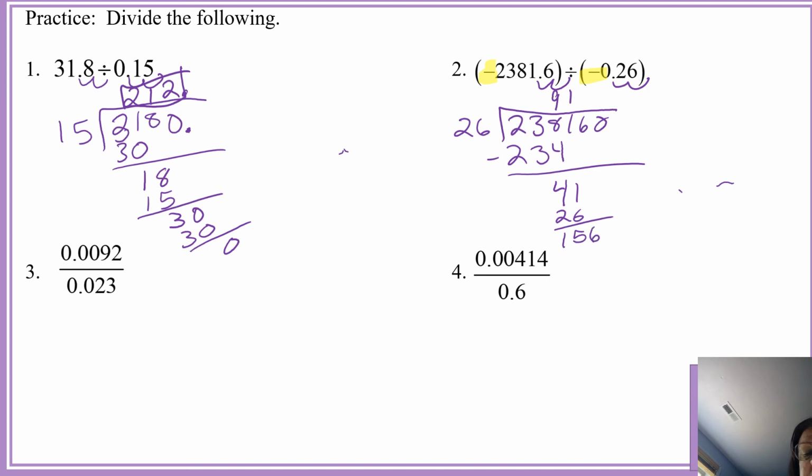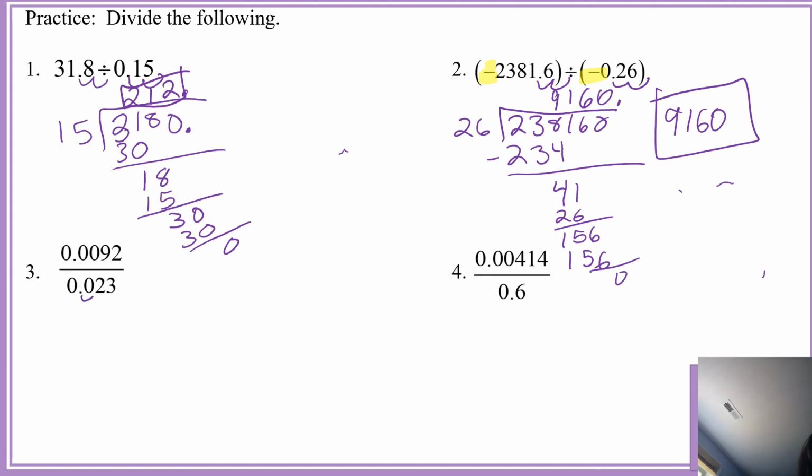Bring down the 6. 156. So I think that's going to go in 6 times. 26 times 6 is 156. That's exactly correct. And it's 0. So I have another 0 before I get to my decimal. So the answer to this is 9,160.